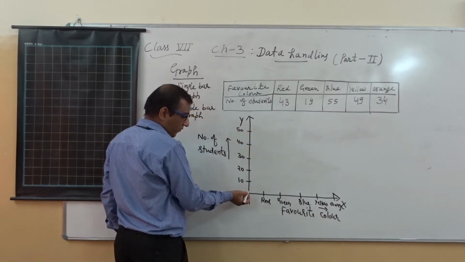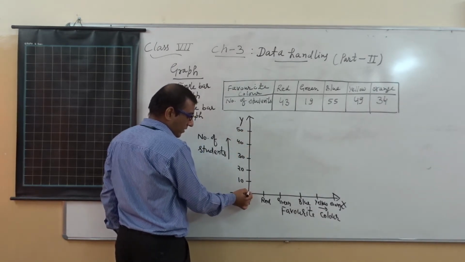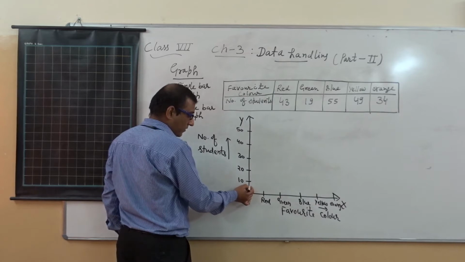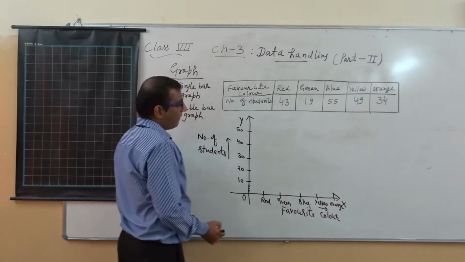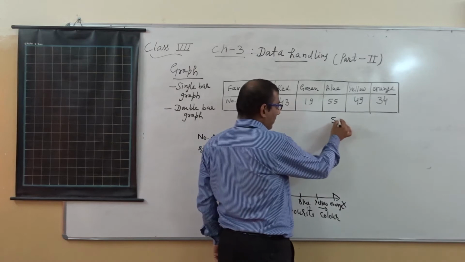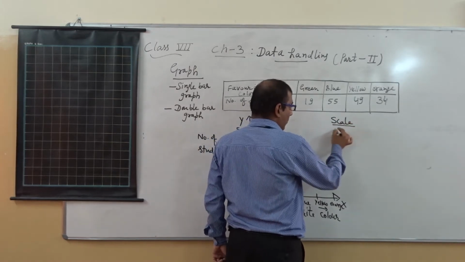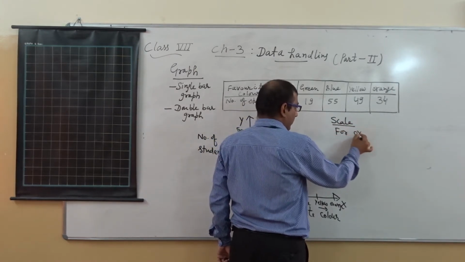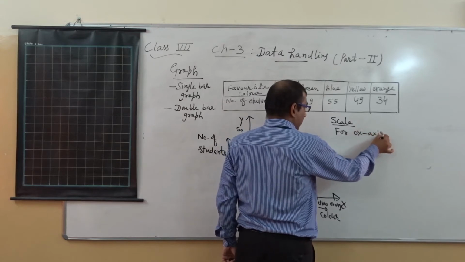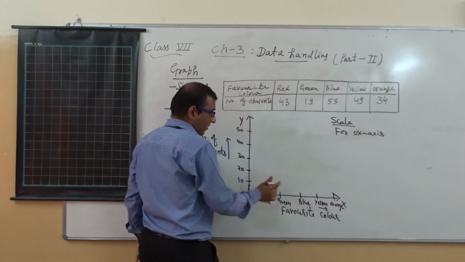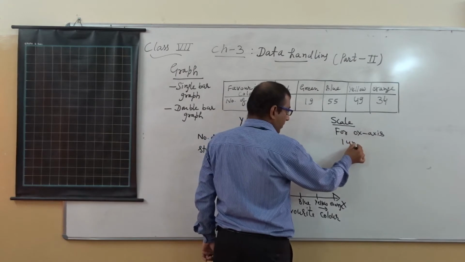And we know very well that between 0 to 10 there are 10 equal parts. So we will write here the scale for the OX axis. We can say this is 1 unit.